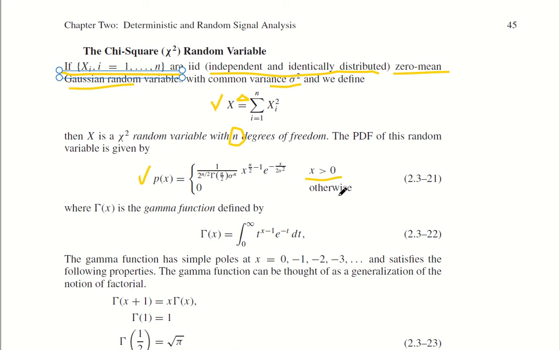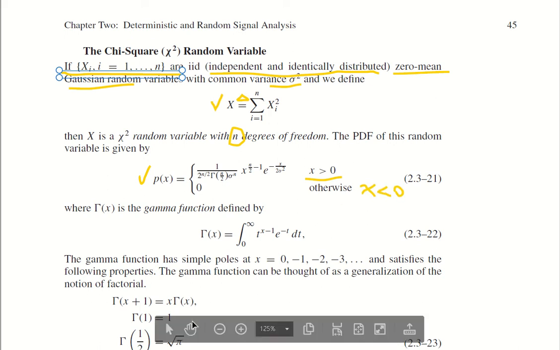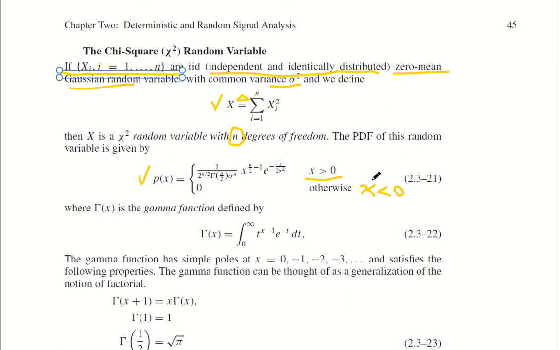Otherwise means anything other than that statement, right? So this means x smaller than 0. It's very clear that the chi-square distribution is a positive random variable. How come? If we take a look, it's actually a summation of xi squared. If you have a summation of something squared, it's got to be positive.